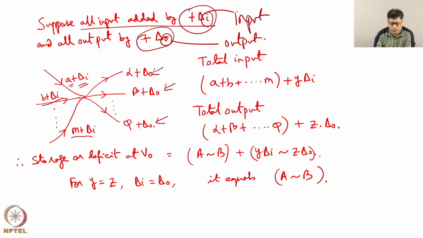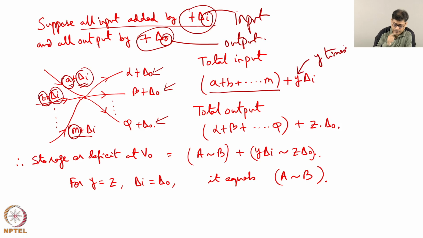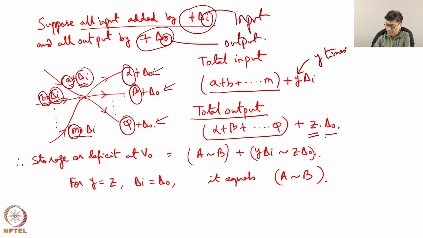So the total input will become, if I add up a plus b up to m, that has been done, plus delta I coming so many times, say it comes y times, and the total output likewise will be alpha plus beta up to phi, and then suppose it appears z times, then z multiplied by delta 0.